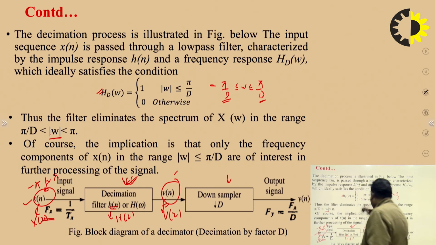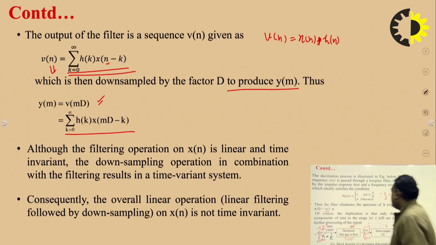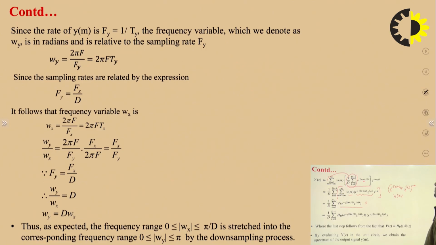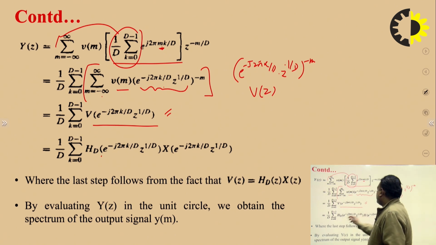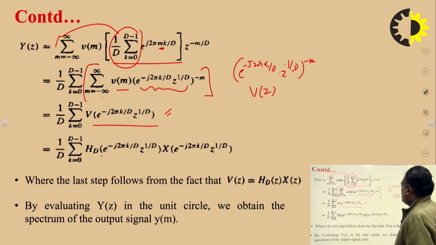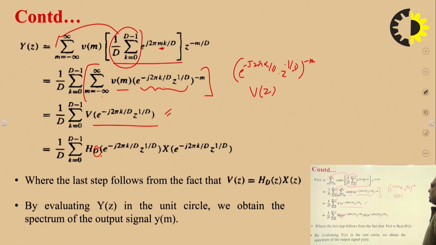So V(z) is simply the multiplication of X(z) into H(z). We have written this over here: because we are using subscript d, it is H(d) of e to the power minus j 2 pi k by d into z to the power 1 by d, times X of the same argument, because we know that V(z) equals H(z) into X(z).